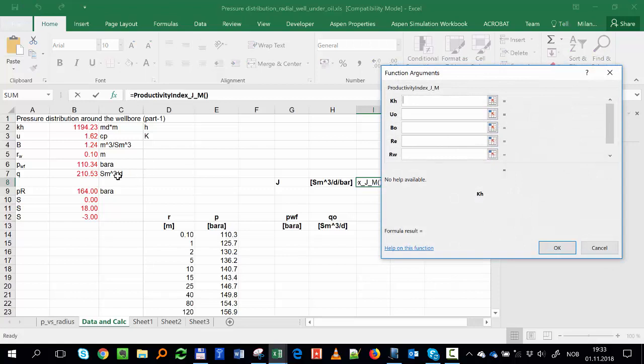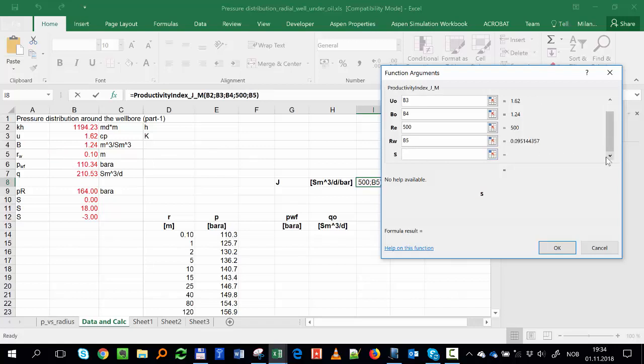We need KH, which is here, viscosity is here, BO is here. External radius, we don't have it here, what we said is 500, so I just type 500. And the wellbore radius we have here.